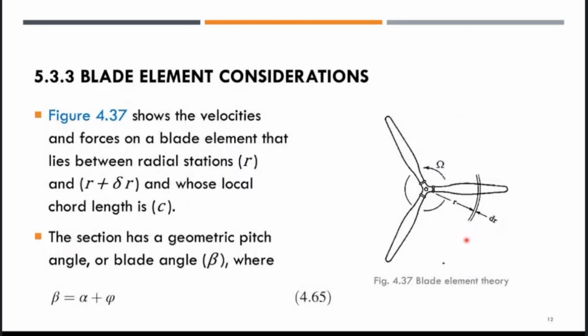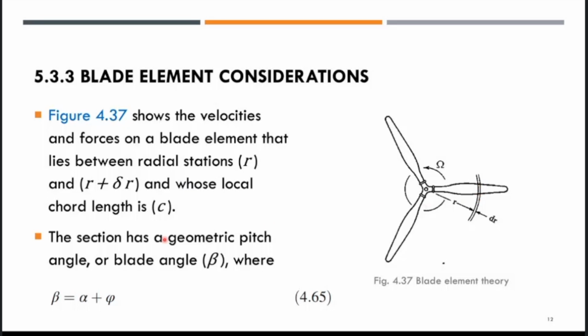Okay, and looking back at figure 3.7, it shows the velocities and forces on the blade element that lies between radial station r, just an arbitrary location r, and location r plus dr, the radius plus a small increment of the radius, and whose local chord is denoted by c.